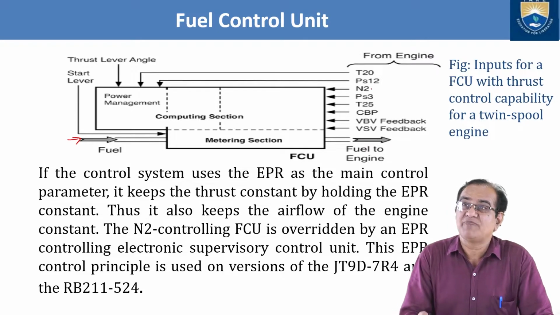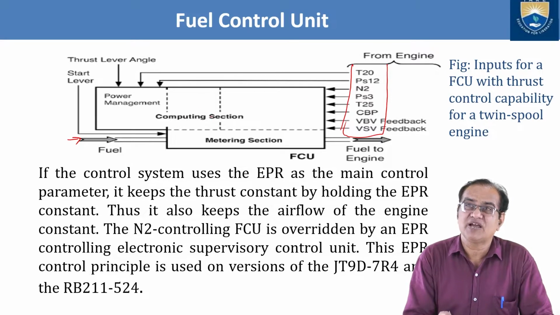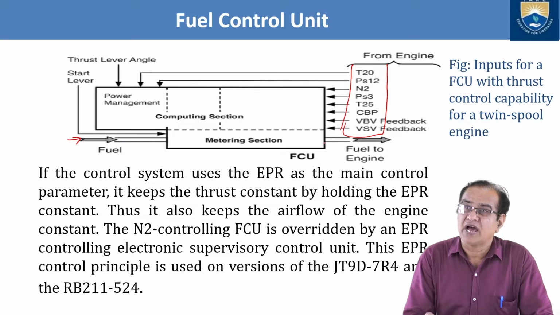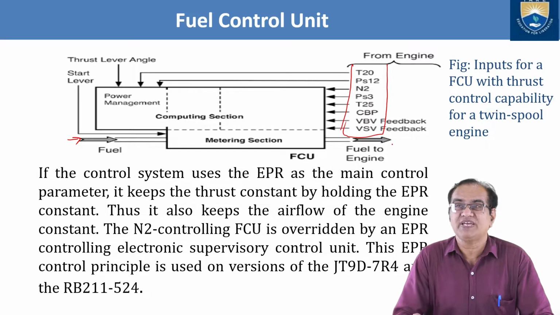By these sensors the engine is sensed, and accordingly here there is a computing system and here is the power management system. These give a metering of how much quantity of fuel is required for that particular operation of the engine. So this type of fuel management system is achieved in the aircraft.